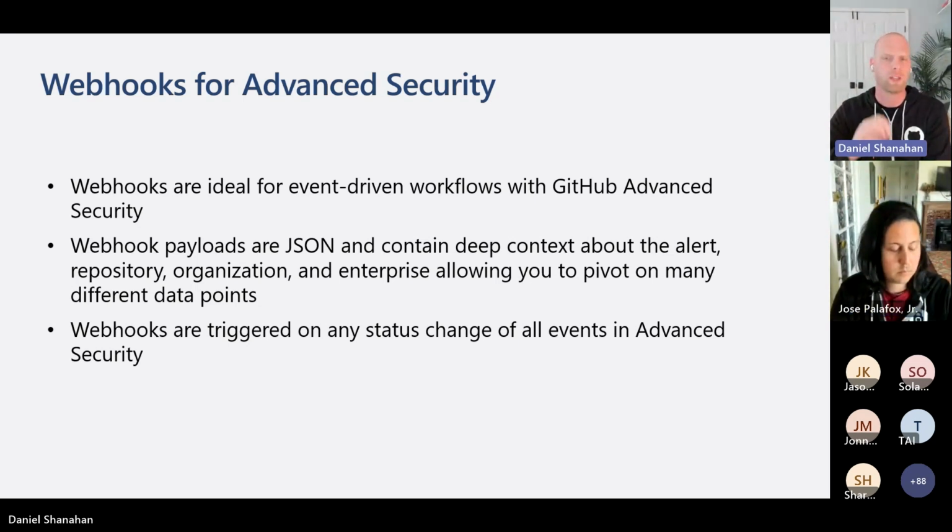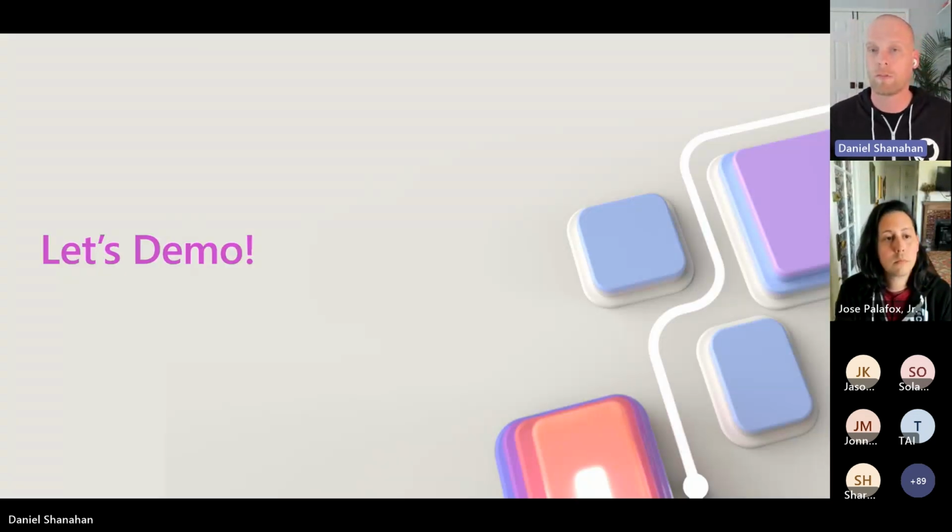Webhooks are really powerful. They contain a lot of context about what happened in that alert, who did it, when they did it, what action they specifically took, but also lots of other information about the repository, organization, et cetera. It allows you to build some really interesting event-driven workflows.